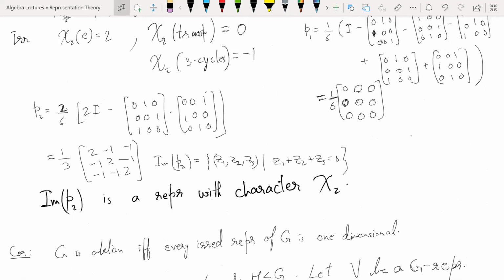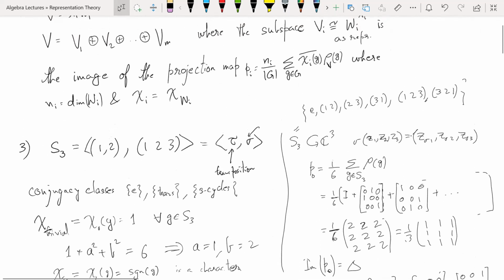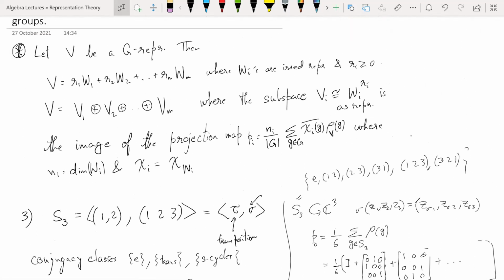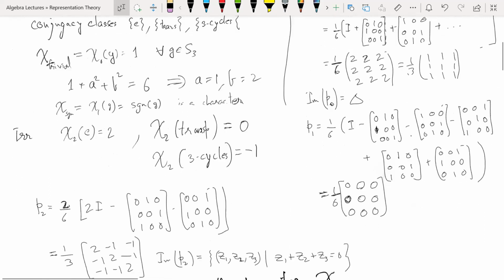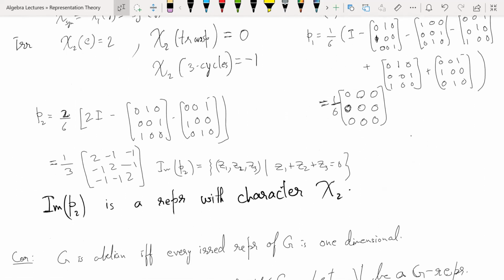So the character of Vi is ri times chi i. But here ri happens to be 1 because of dimension reasons. So this gives us the third irreducible representation of S3.